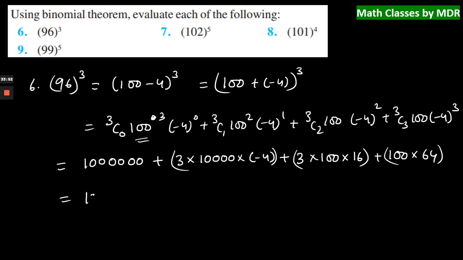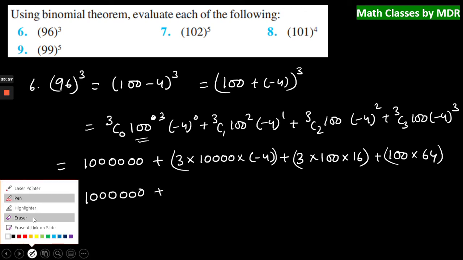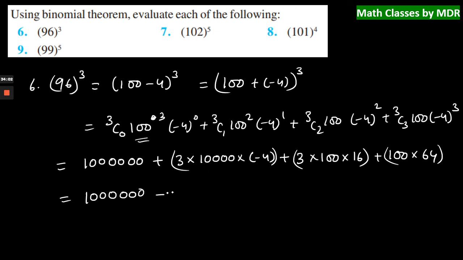Now let us rewrite the terms. Here we have 10 lakhs and then minus 12, that is 1,20,000, plus 3 into 16 is 48, that is 4,800, plus 6,400. It is minus, right?